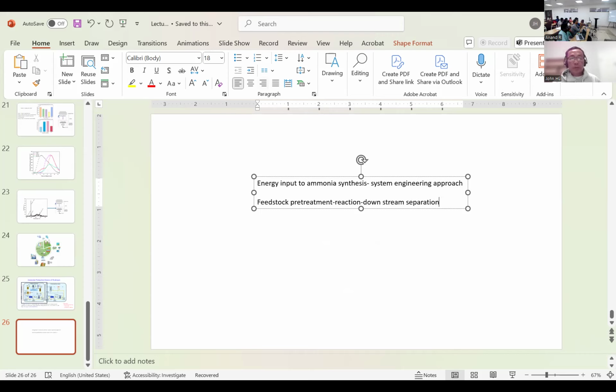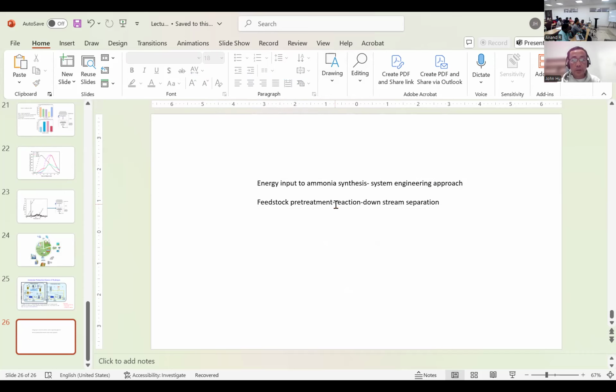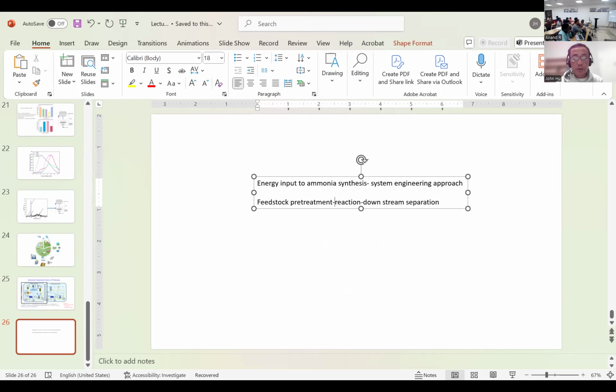Okay, so basically, if you look at the cartoon, if you look at the energy, the span on this direction. So feedstock pretreatment in the Haber-Bosch process is just preheating.